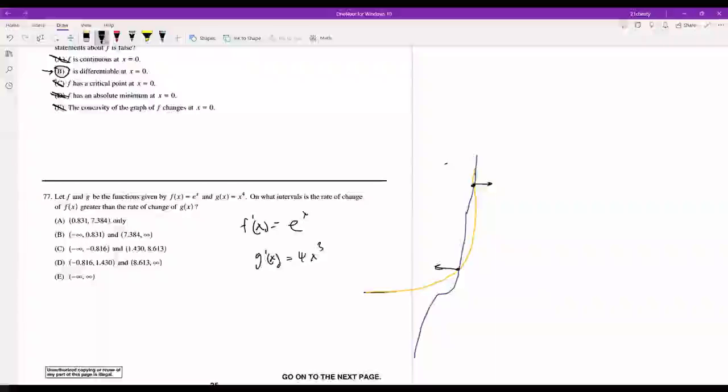And so you can use the intersect function on the calculator to see where these are, and they happen to be at 0.831 and 7.384. So B is our answer.